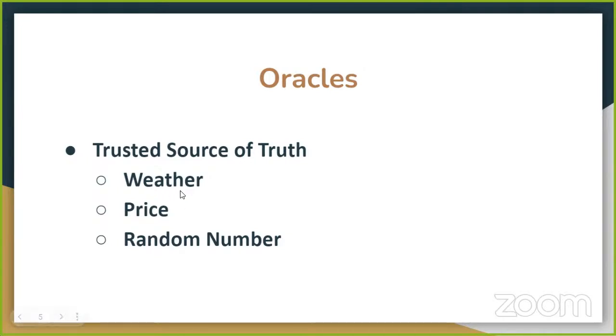So at this point, we need an oracle, because an oracle is a smart contract. It's a smart contract that is connected to off chain, in that it gets information. It's similar to the way the blockchain is designed, because it's connected to different networks.